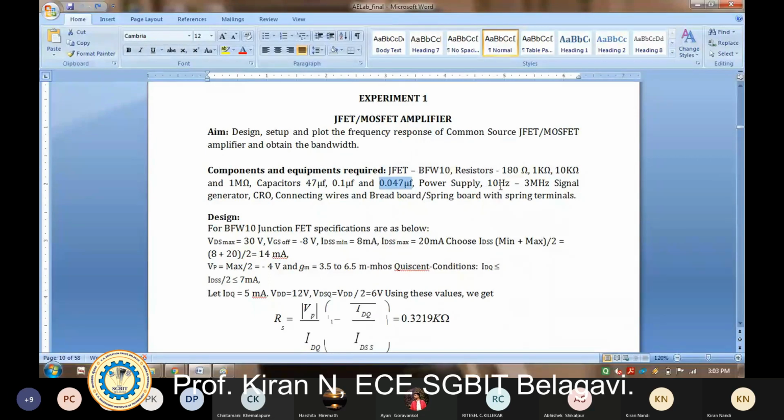We need a power supply here of 10 to 30 volts, and a signal generator in the range of 10 hertz to 3 megahertz. Then CRO for fetching the output, connecting wires, breadboard, all these things.